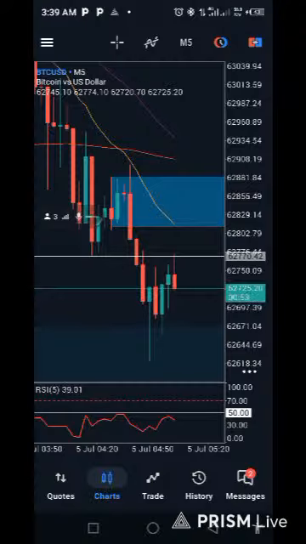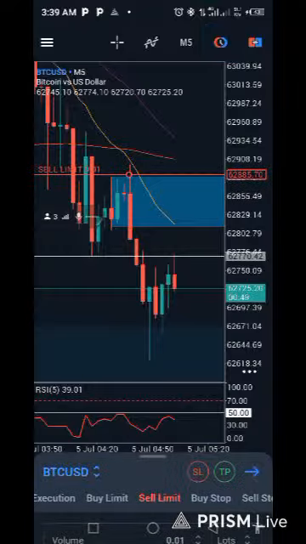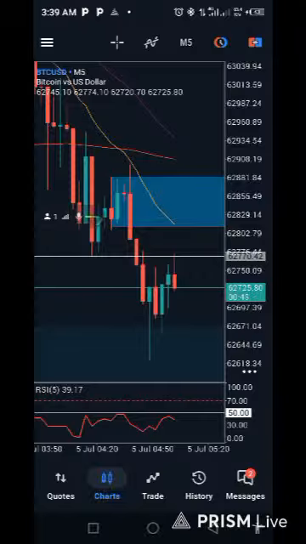When you come to your buy limit or sell limit, make sure you put your stop loss. I'll repeat again. When you are putting a sell limit or a buy limit, maybe you are saying that this trade will come to this place, and if it comes to this place, I'm going to enter a trade and it's going to go in my direction, maybe downwards or upwards.